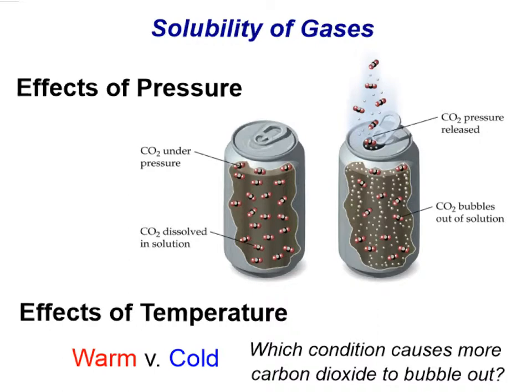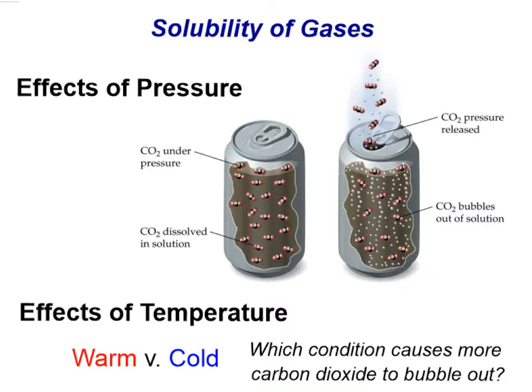And that increases the amount of carbon dioxide that can be dissolved in the liquid. Here, these are little CO2 molecules in there. When you open the can here, the pressure inside of the bottle decreases and the carbon dioxide gas that's mixed into that soft drink escapes from the soft drink and it bubbles out.